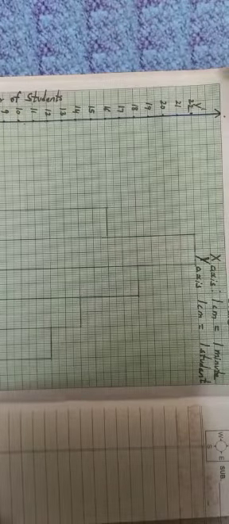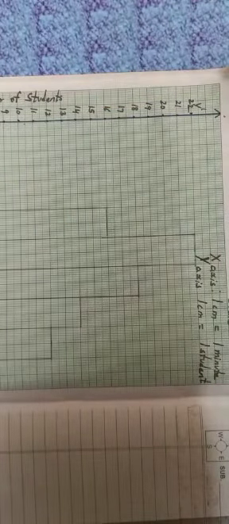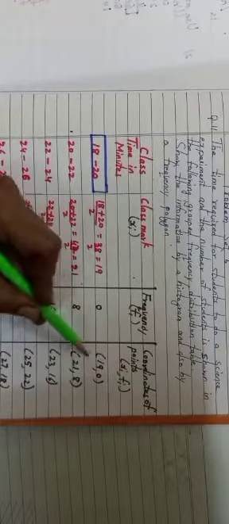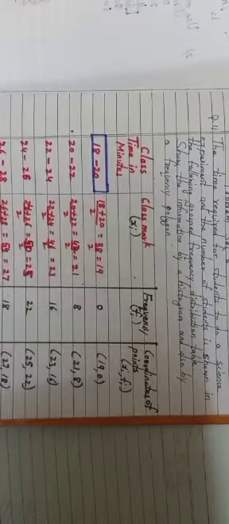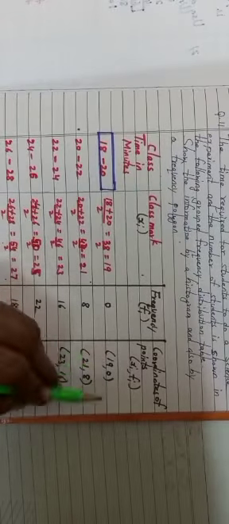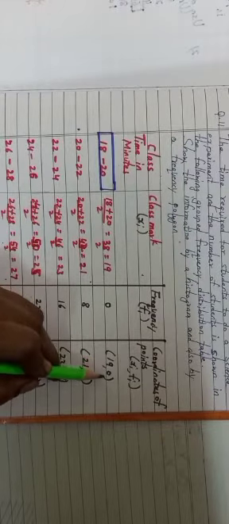For the frequency polygon, when you are showing the histogram as well as the frequency polygon on the same page, the method is that you have to start with the coordinates of points. You have to show all the coordinates of points on the graph. The first point, if you see, is 19, 0.